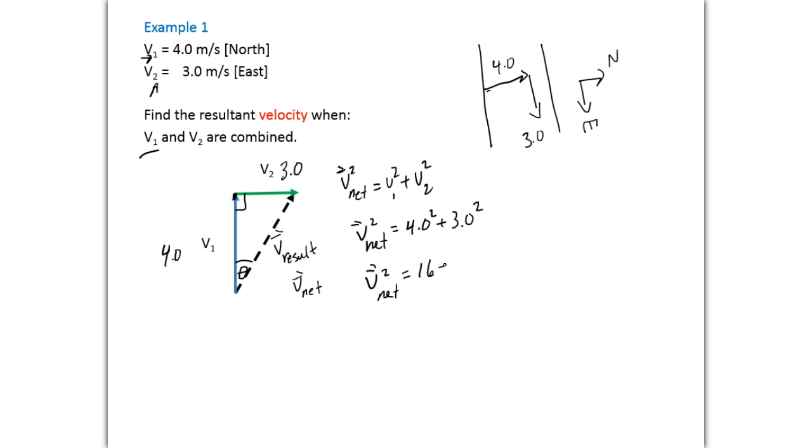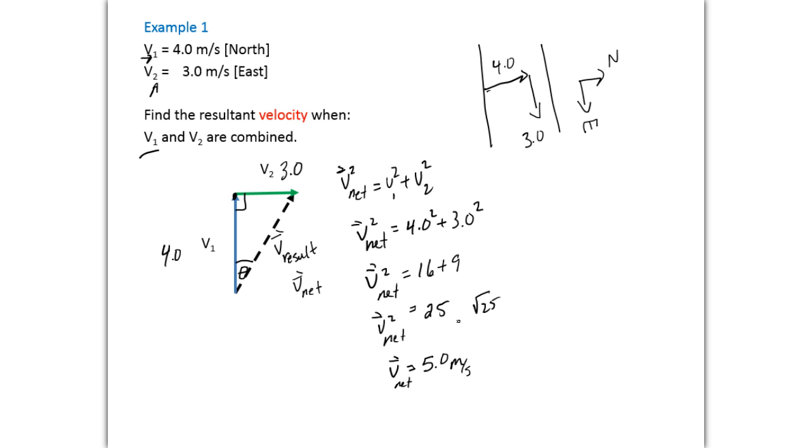So you have 16 plus 9, and 16 plus 9 is 25. So in order to get the resultant, or net, you have to take the square root. To get rid of the square, you take the square root of this number. So you take the square root of 25, and your answer is going to be 5.0 meters per second.